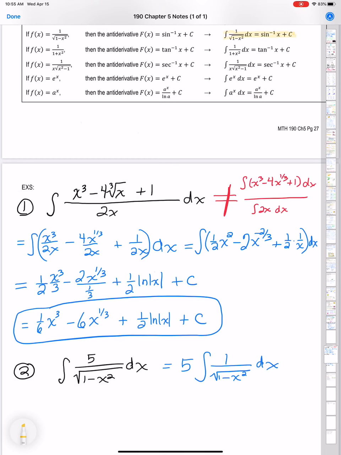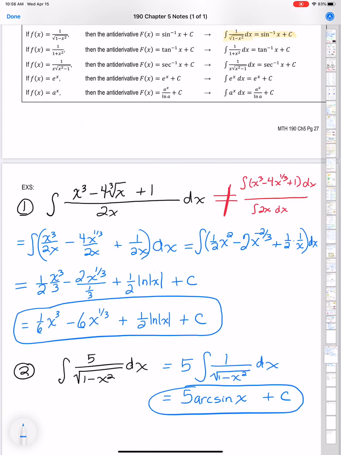We learned the derivative of arc sine was 1 over the square root of 1 minus x squared. So of course, the antiderivative of that is simply going to be 5 as a constant multiple, and then either sine inverse, or if you prefer, arc sine of x plus our arbitrary constant.